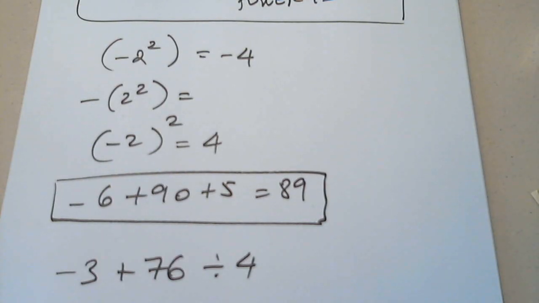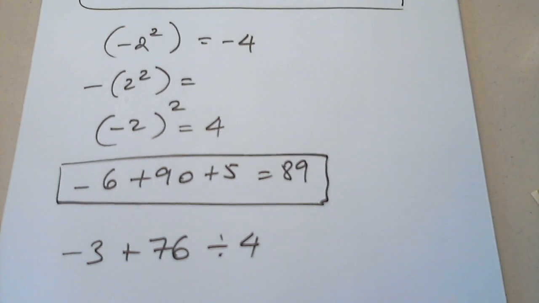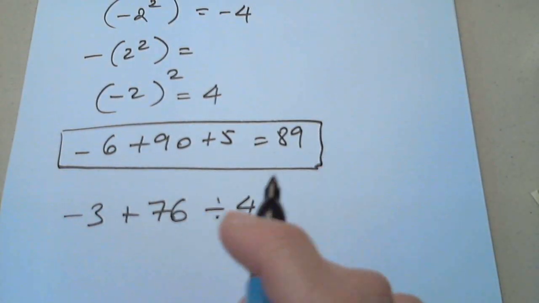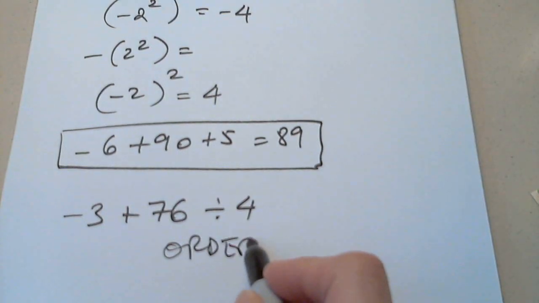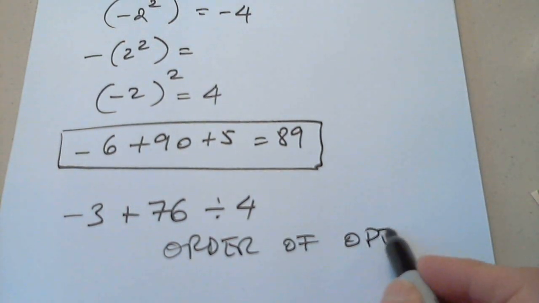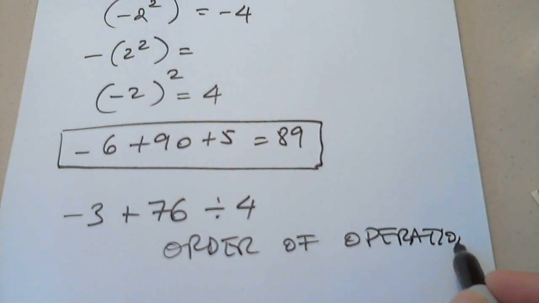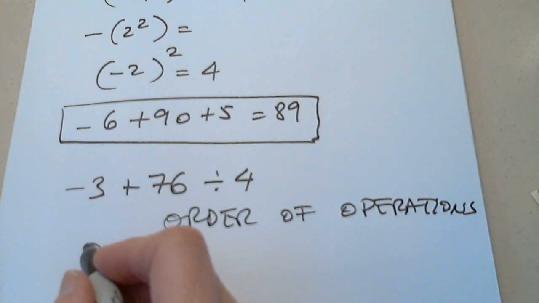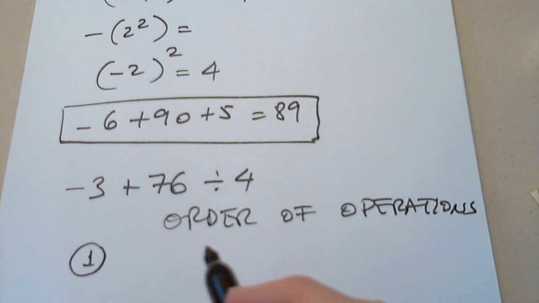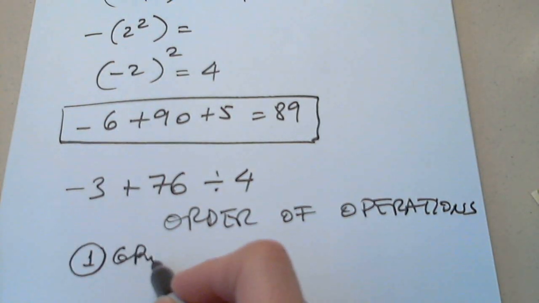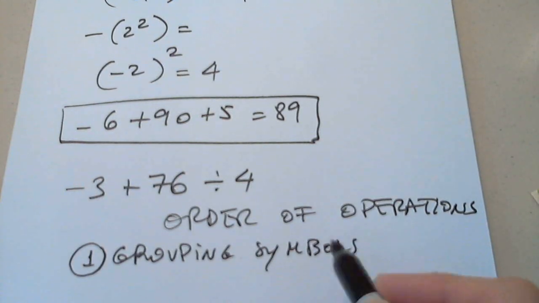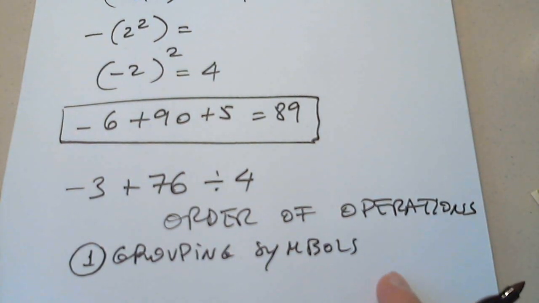Perfect. Okay, now we are starting discussing the order of operations. So before we work on this problem, order of operations. Number 1, we always deal with grouping symbols. This is the starting point.